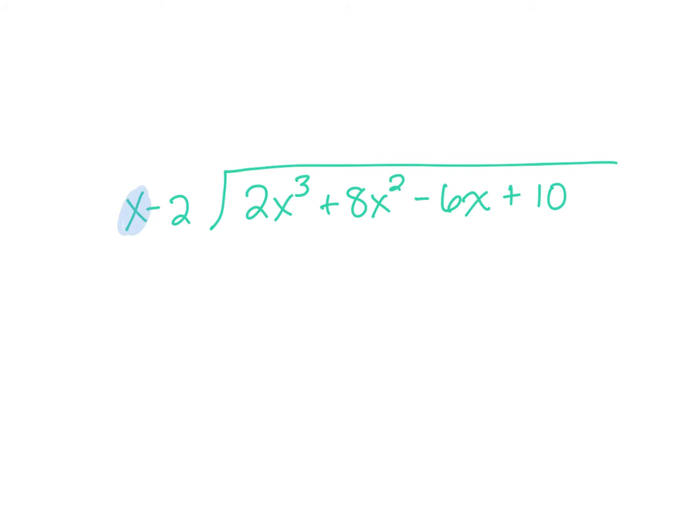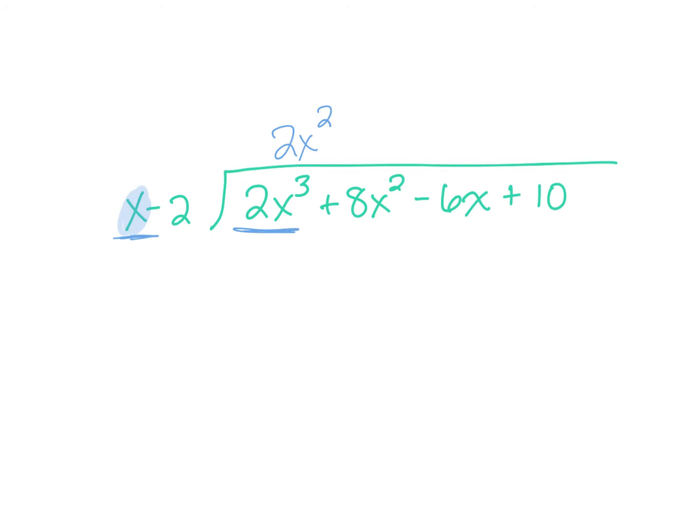Because we're trying to decide how many times can x go into 2x cubed. So another way of thinking about that is what do we multiply x by in order to get 2x cubed? So we have to multiply x times 2x squared in order to get 2x cubed.